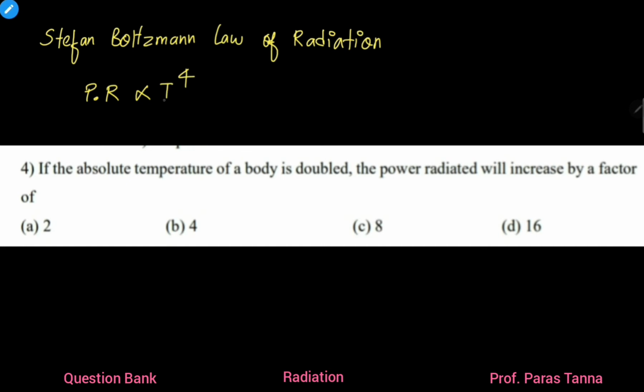In this MCQ students, it is given that we are doubling the temperature. So can't I say like this: the power radiated will become 2 raised to 4, that is 16 times. And that's why the correct answer is option D 16.